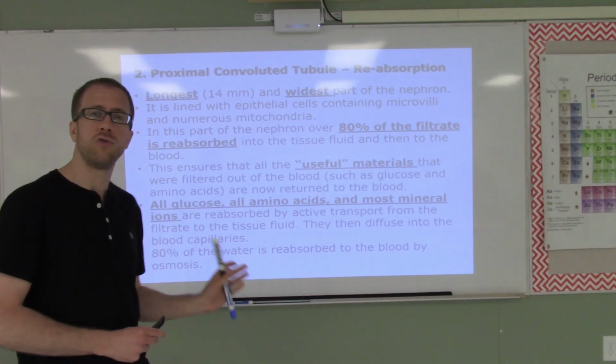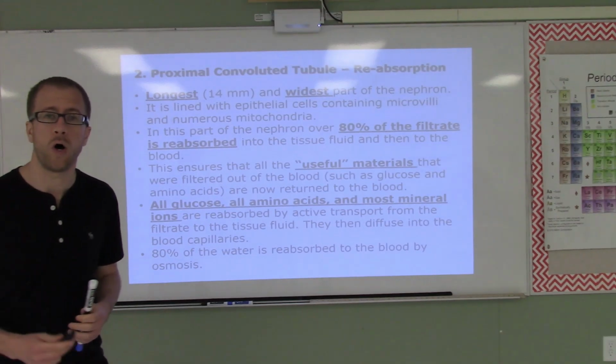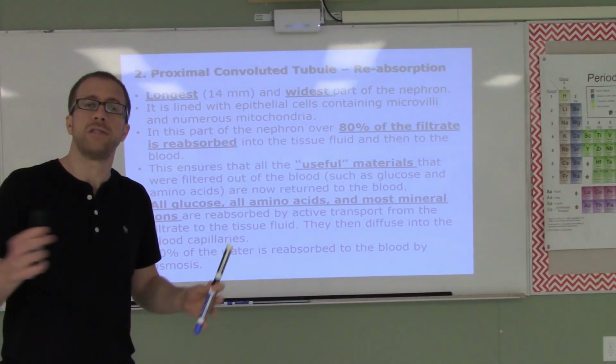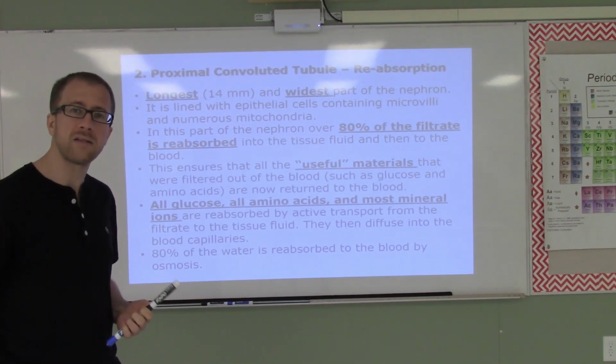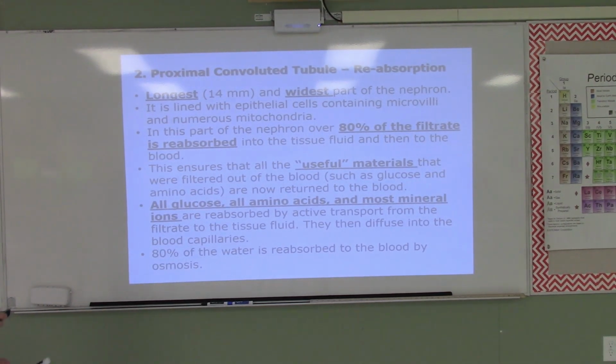So in very rare cases you don't absorb all glucose. In some medical conditions you won't absorb all amino acids, but under normal conditions, yes, all sugar and all amino acids will be reabsorbed here. Most mineral ions are also reabsorbed. And this is done by active transport.